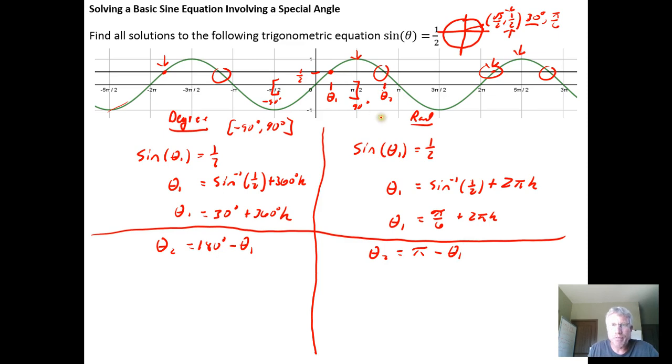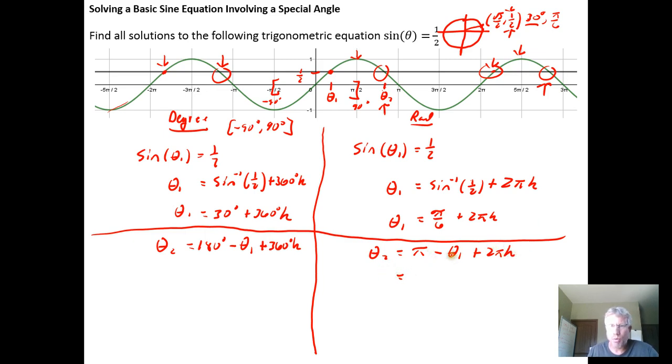But that would only give us this angle right here. To get these other ones, we would need the angles that are coterminal with theta 2. So to do that, we would get plus 360 degrees times k, or plus 2 pi radians times k.